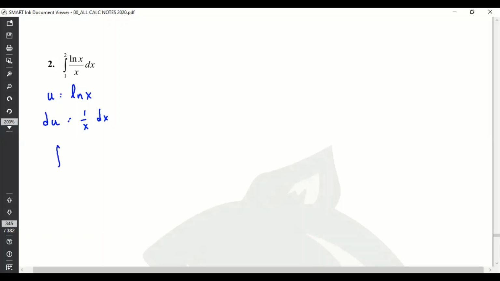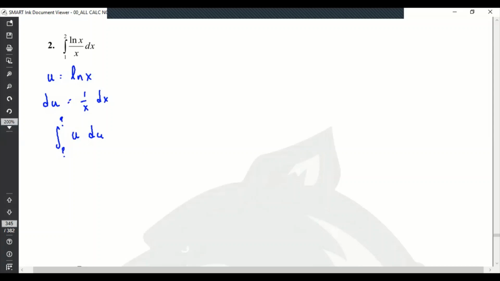So therefore, this ends up being equal to u du. Now our limits of integration, we don't quite know what that is. Let's go ahead with this integration first.